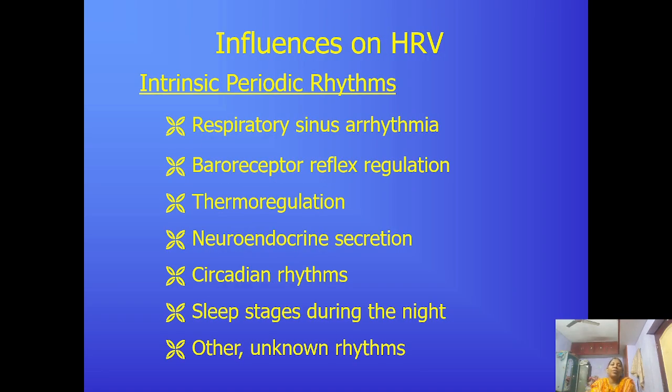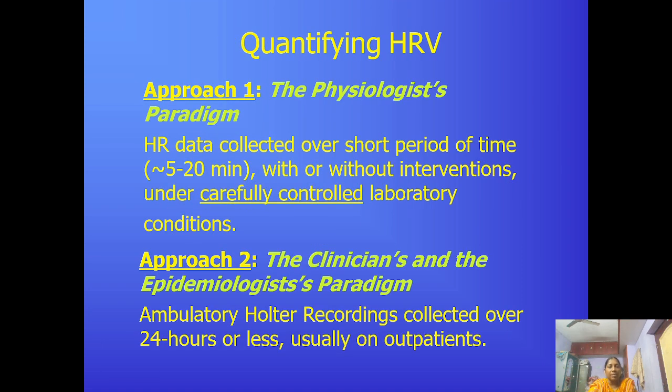Intrinsic influences, that is, how it is internally affected, include respiratory sinus arrhythmia, baroreceptor reflex regulation, thermoregulation, neuroendocrine secretions, or sleep stages during the night, the circadian rhythm. These are factors that intrinsically influence the heart rate.